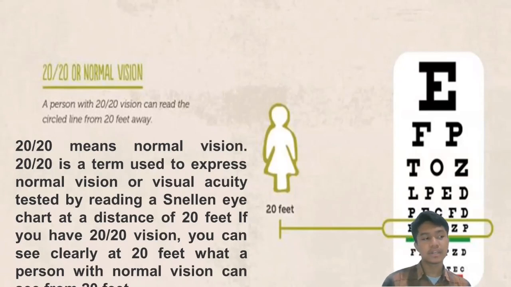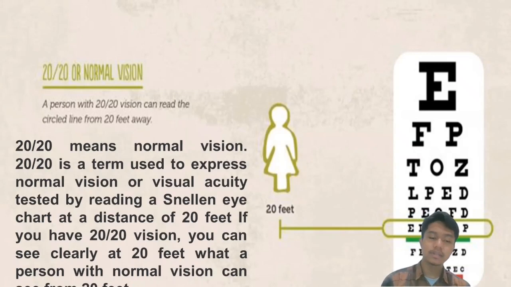Can our vision be better than 20/20 vision? Yes. Having 20/20 or 6/6 vision means you have average vision. So 20/20 vision is technically considered not so perfect.